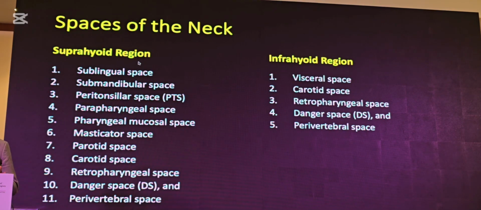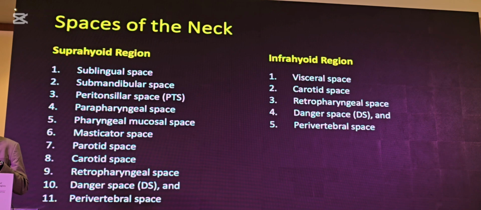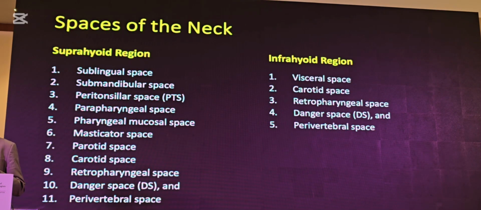So in the suprahyoid there are so many spaces: sublingual, submandibular, peritonsillar, then parapharyngeal and pharyngeal mucosa, then masticator, carotid, and then prevertebral, retropharyngeal space, danger space, and perivertebral space. So this is how we classify the suprahyoid region.